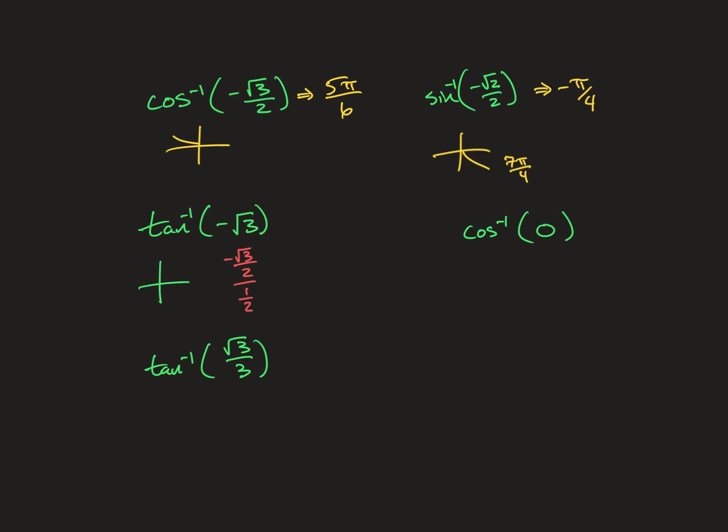So this one's going to be in quadrant 4. It's going to be at negative pi over 3. All right. Why can't I call it 5 pi over 3? Because I went too far. It's got to be between negative pi over 2 and pi over 2.